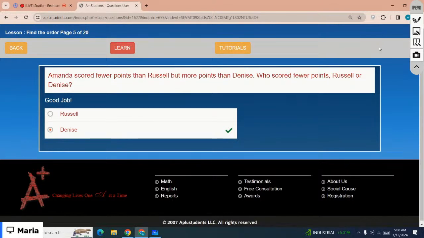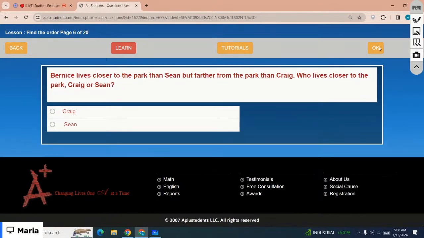Okay, the next one is Bernice lives closer to the park than Sean, but farther from the park than Craig. Who lives closer to the park, Craig or Sean?